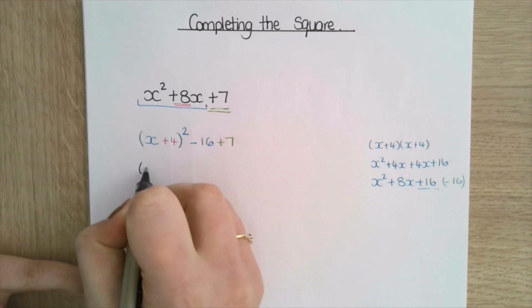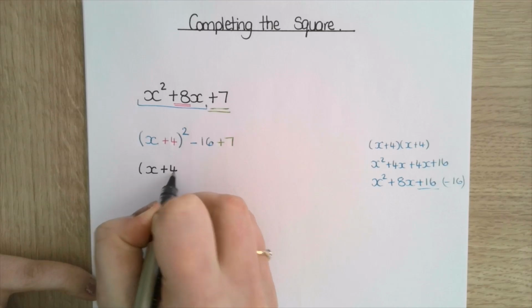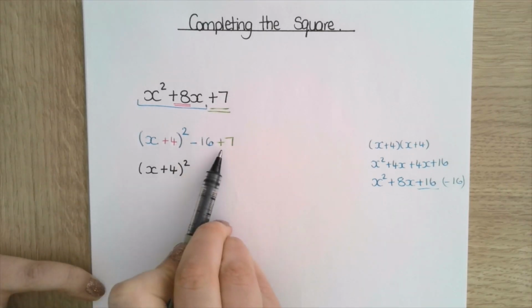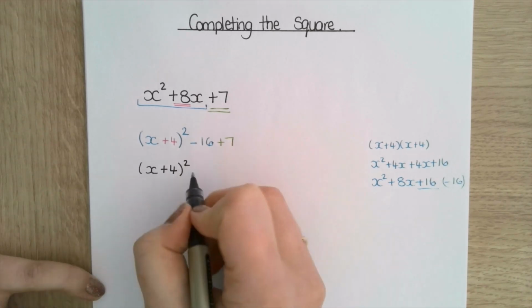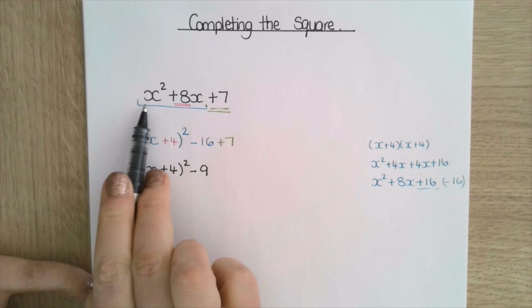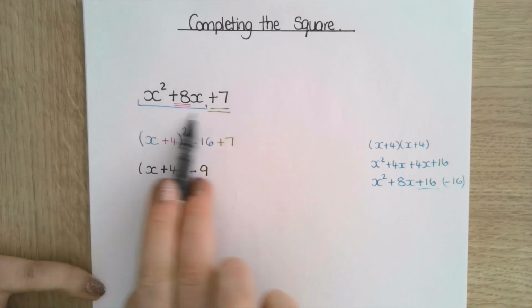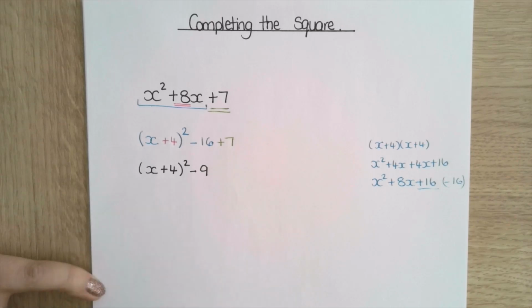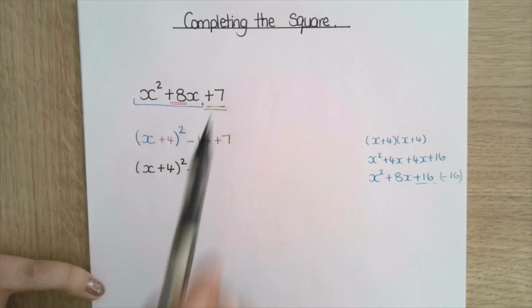The brackets stay the same, so that stays as x plus 4 all squared, and then I do minus 16 plus 7, which gets me negative 9. So this quadratic expression here is exactly the same as this, and if I was to expand this all, I would end up with that.